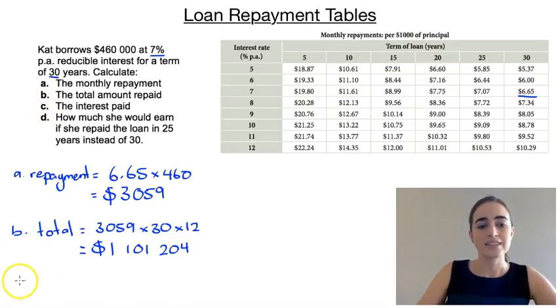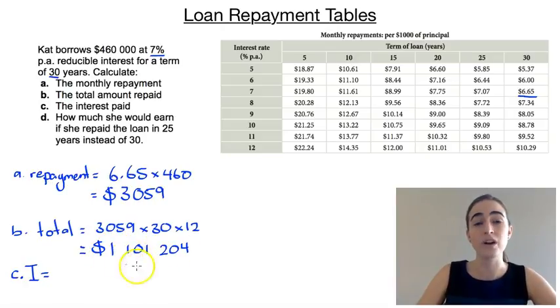Part C then asks us to calculate the interest paid. So if this is the total she ended up paying back, over $1 million, and she only initially borrowed $460,000, any extra over that initial amount, that's interest.